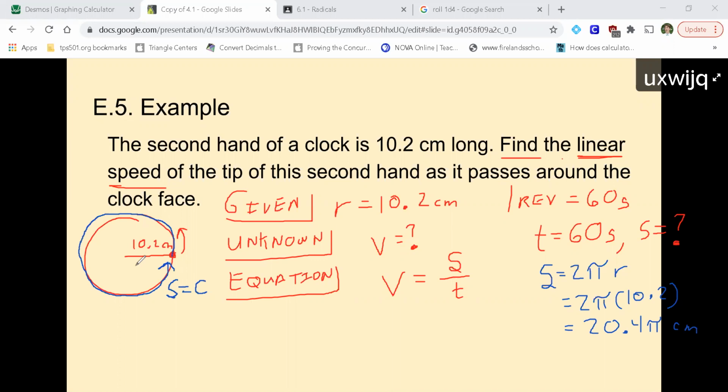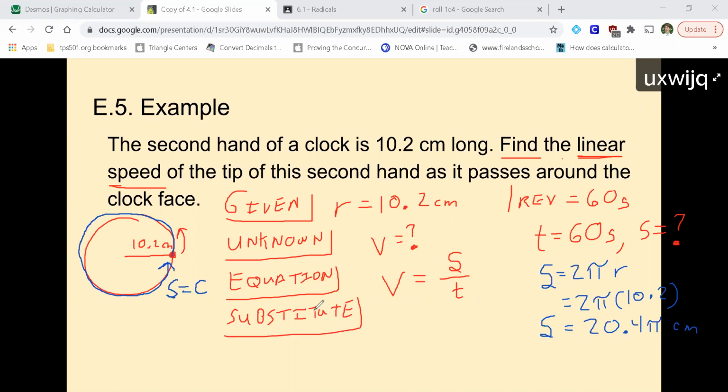All right, so I'm going to pause here. Are there any questions about how I got the arc length? Where this stuff came from? Okay, once you have your parts of your formula, you can then substitute in your numbers.